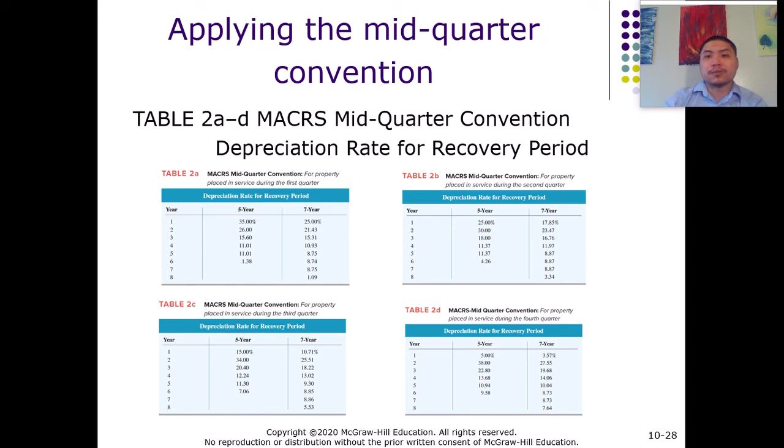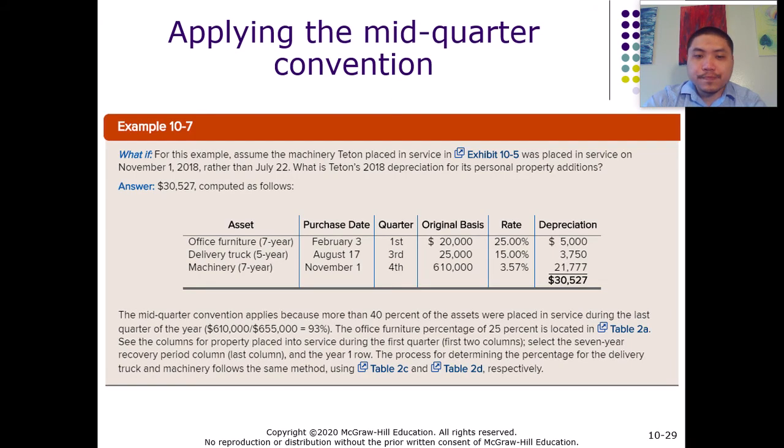The first table is the mid-quarter convention for property placed in service during the first quarter, and then we have tables 2, 3, 4 for the rest of the quarters. So depending on the date that the asset is placed into service, we have to pick the right table to use.